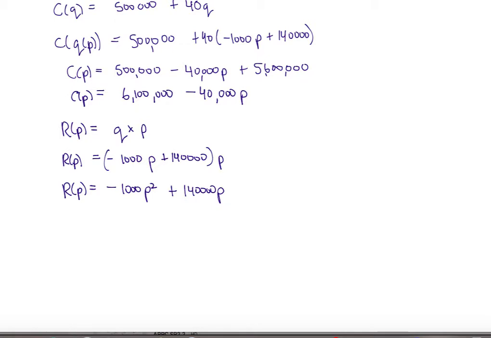Now let's go ahead and make our profit function. So our profit function in terms of price is going to be revenue in terms of price minus cost in terms of price.